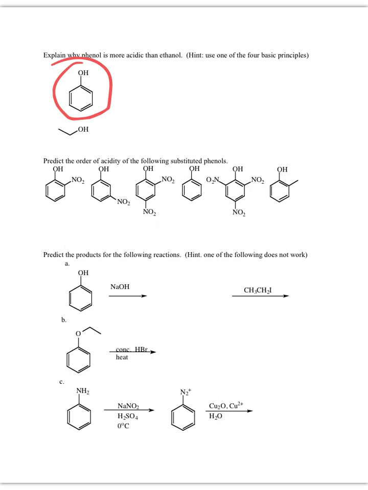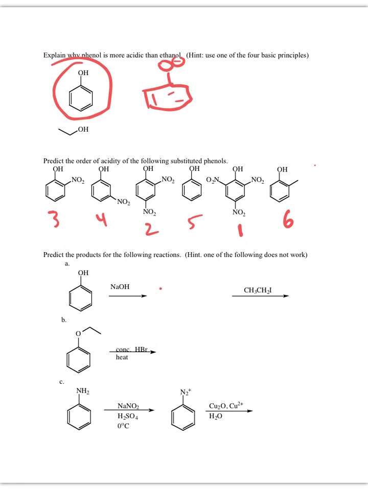Phenol is more acidic because the conjugate base of phenol, the phenoxide, is stable because you can draw all the resonance structures for it. Acidity, this is 1, this is 2, this is 3 because of resonance. This one's 4, this one's 5, this one's the least because this is the donating group, the methyl group. Okay, predict the products.